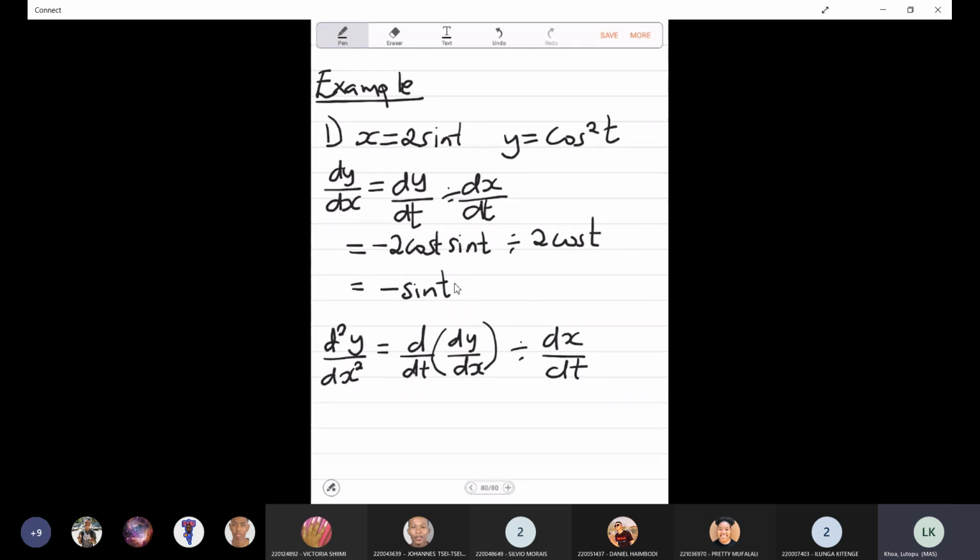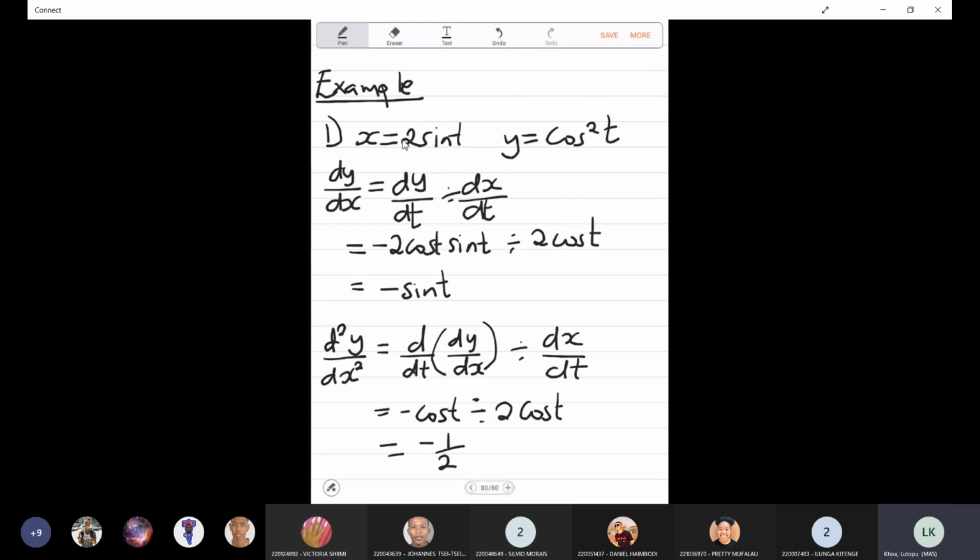So the only thing we need to work out is differentiate this with respect to t and then divide by the dx/dt that we got over there. So this is equal to negative cos t divided by 2 cos t, and this is equal to negative half.